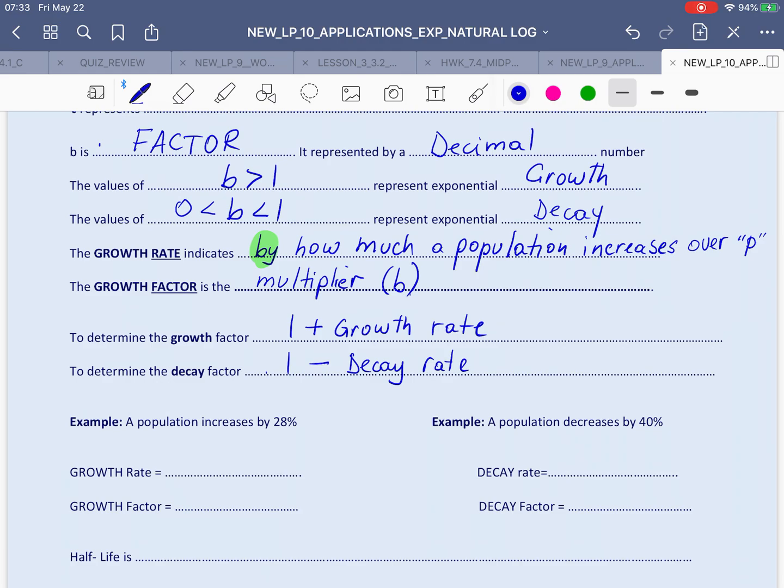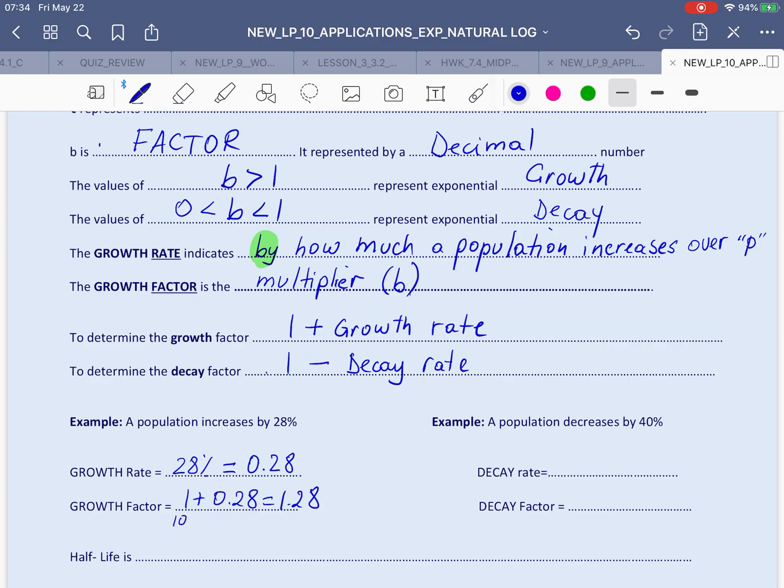And we will materialize all these definitions in these two simple examples. In the first example, a population increases by 28%. Then we're going to say that the growth rate is 28%. We like to write this in decimal form, so that's 0.28. The growth factor, on the other hand, is 1 plus 0.28, so that's 1.28.